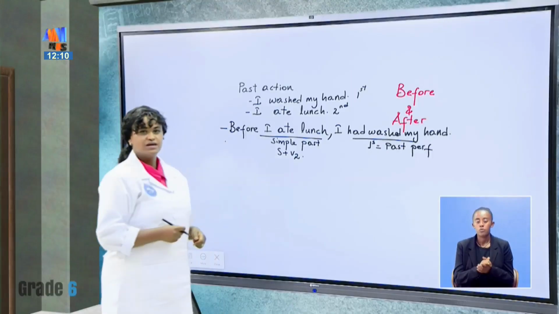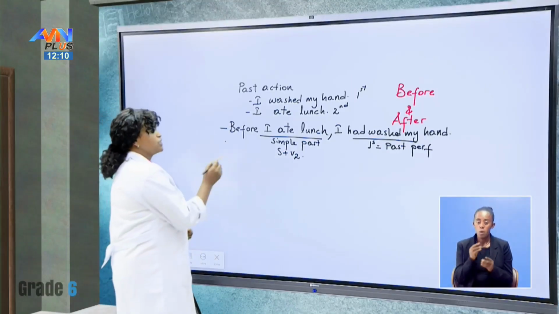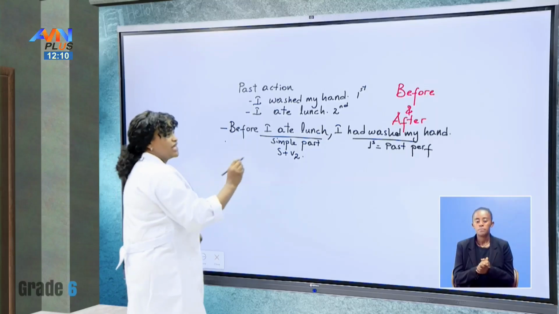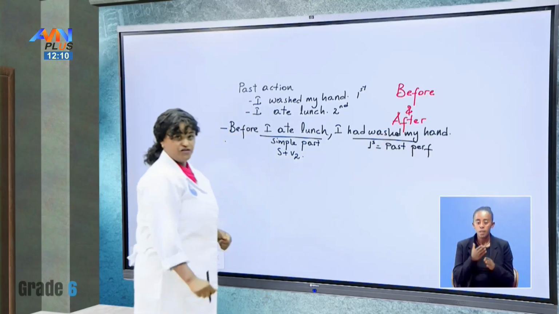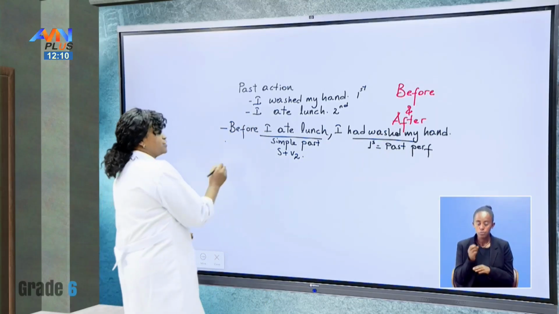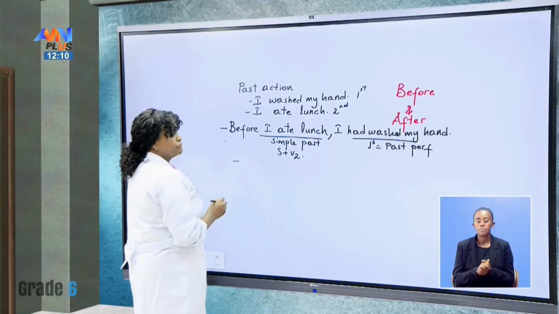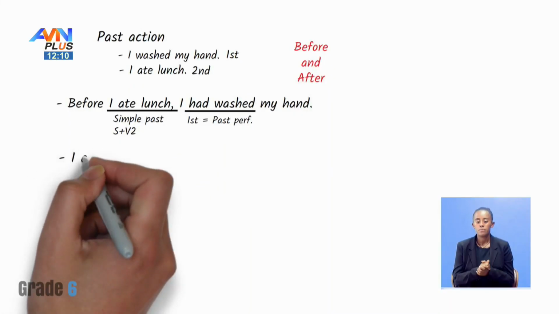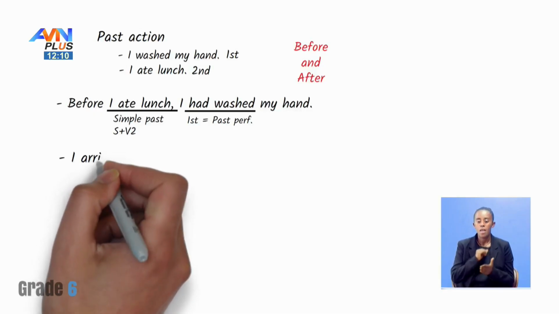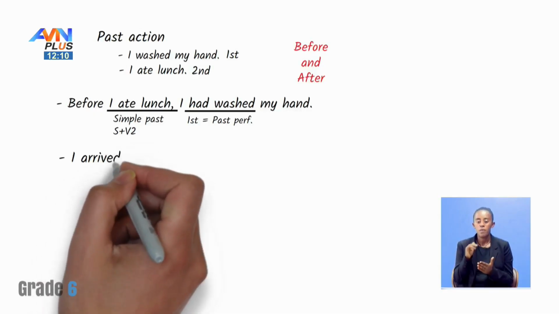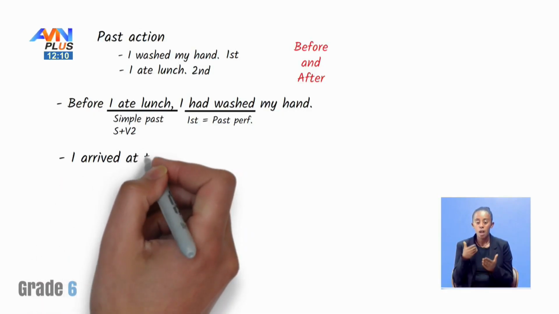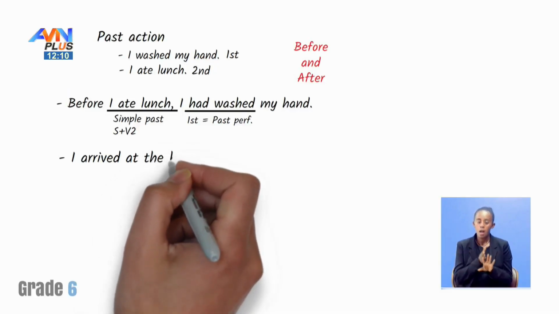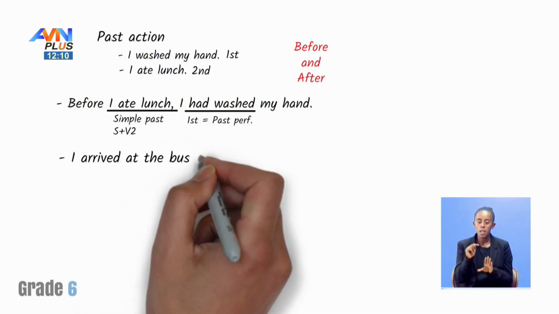All right? Let me give you one more example. One more example, and this time we're going to use after, okay? All right. I arrived at the bus station.